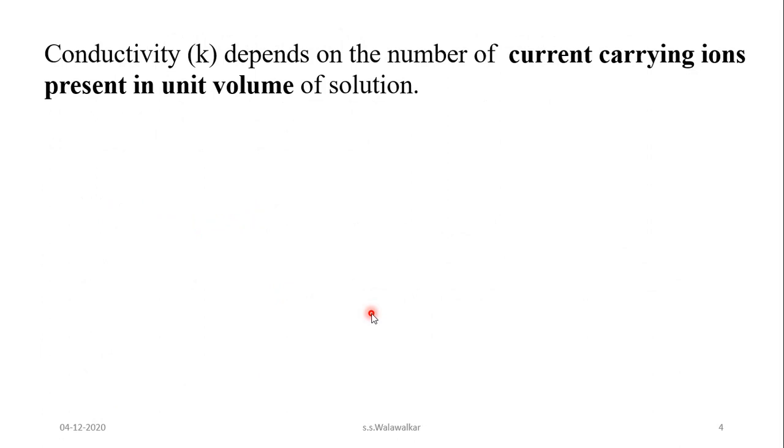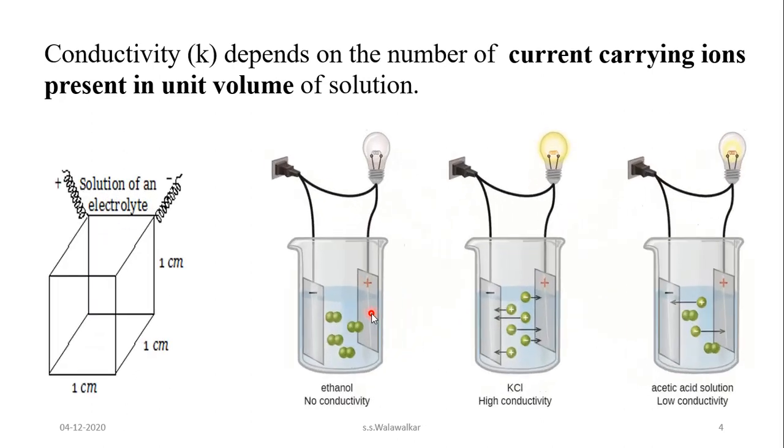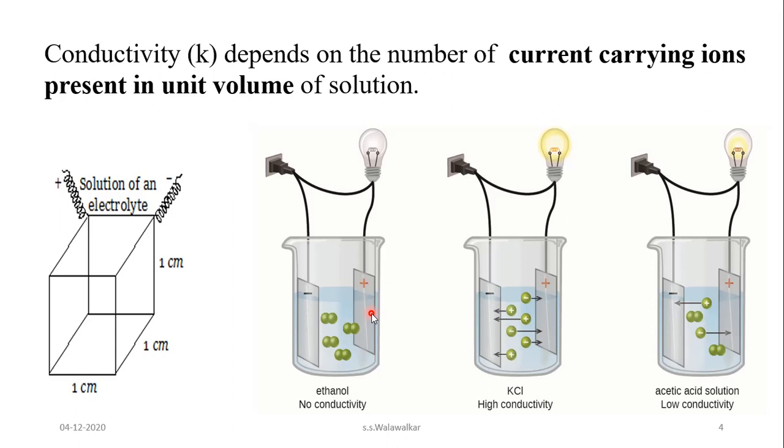Remember this sentence: conductivity depends on the number of current carrying ions present in unit volume of the solution. So whenever the solution is concentrated, the conductivity is more, and whenever the solution is dilute, conductivity is less.